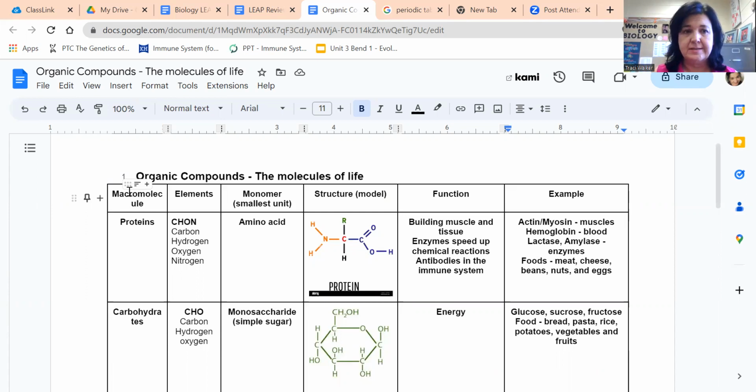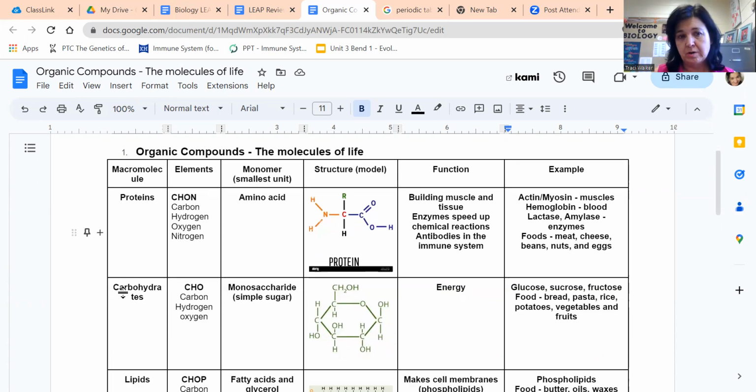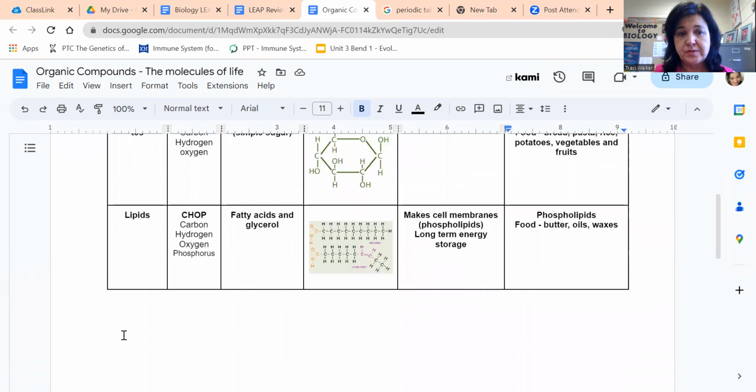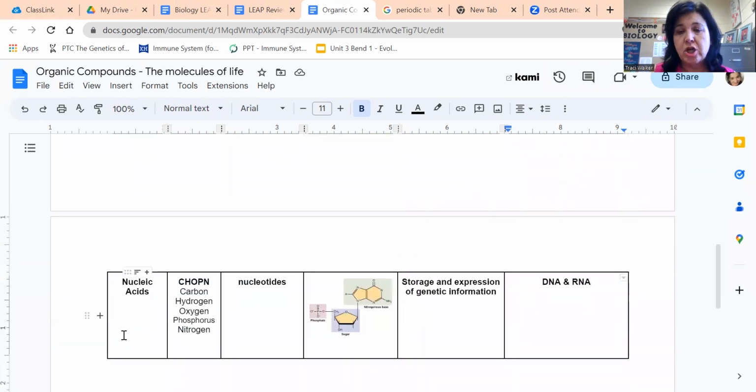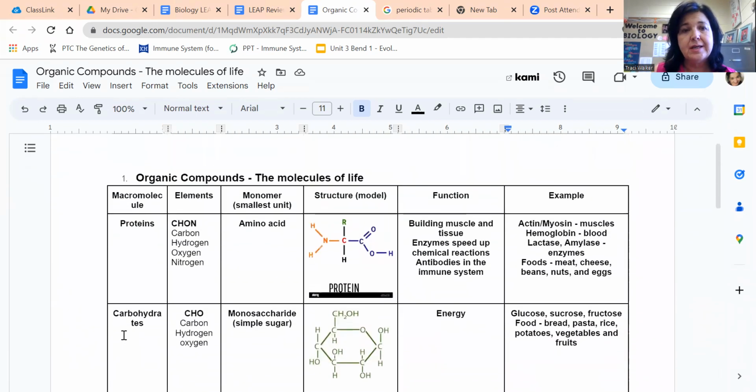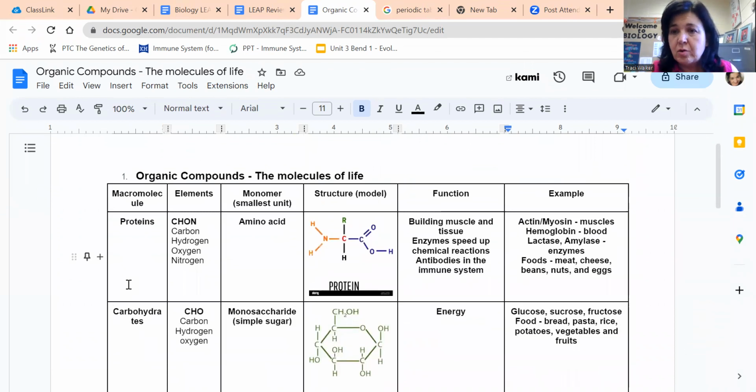All living things are made up of these 4 macromolecules, and they have jobs to do in these living organisms that are very important, and we can't survive without them.